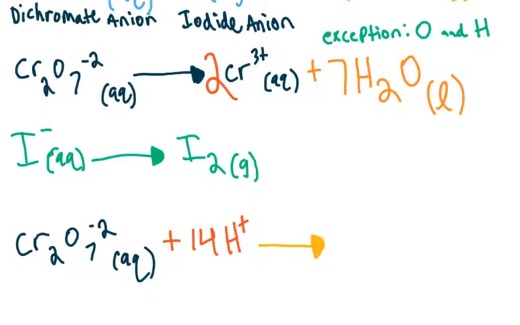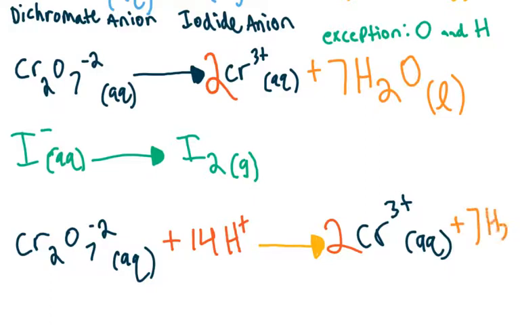So what do we have on the right side? We still have our Cr3+. How many? We have 2 Cr3+, 2 atoms of Cr3+ in aqueous state, and then we have 7 water molecules in their liquid phase.